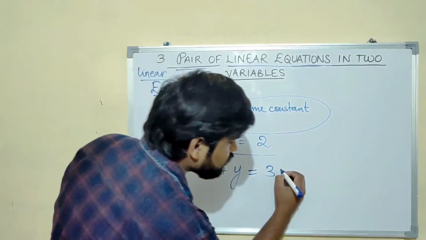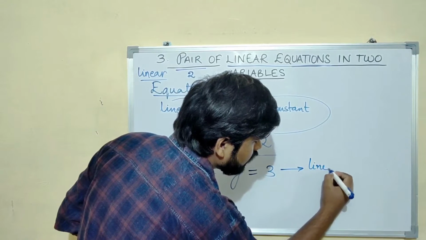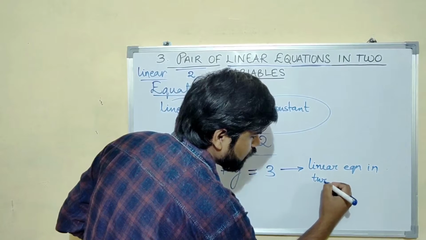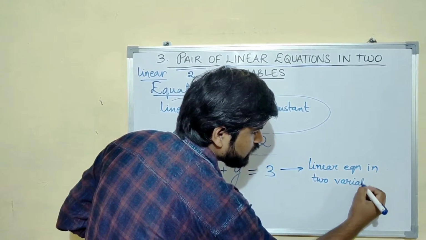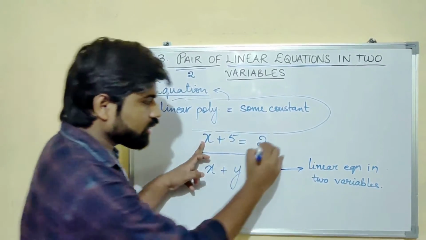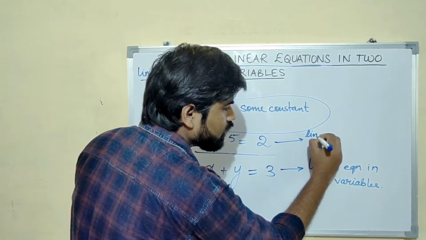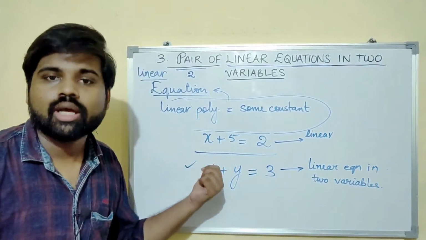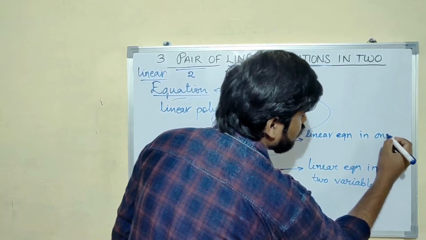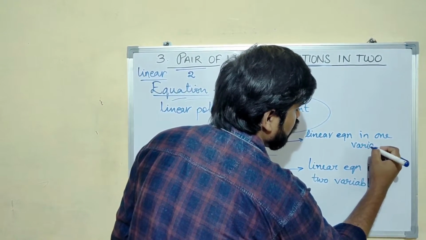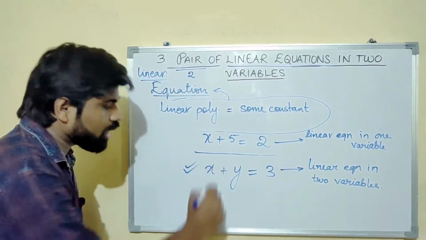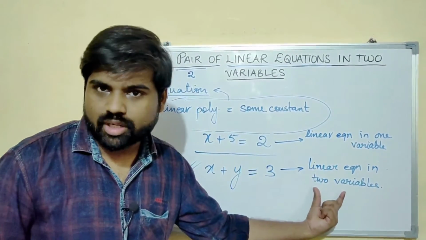That means this is an example of a linear equation in two variables. You can see there are two variables here, x and y, right? And what is this? This is also a linear equation, right? Because the degree is 1 only. So it's also a linear equation, but in one variable. So we have to deal with this type of equations in which there are two variables.